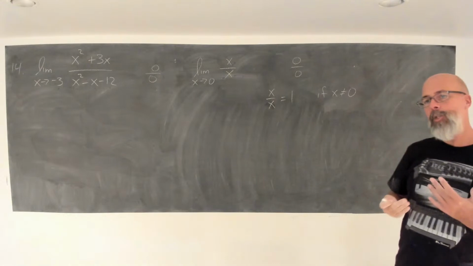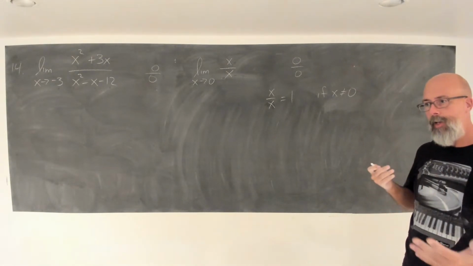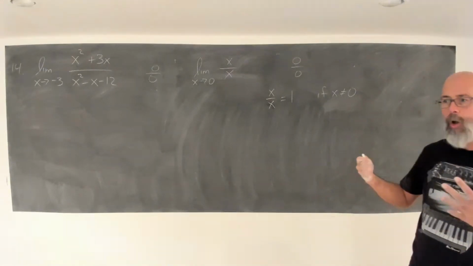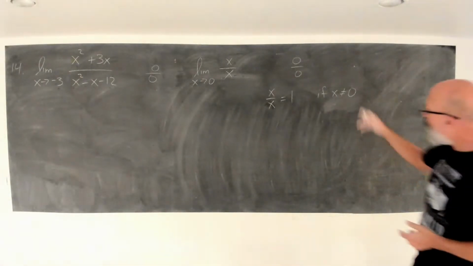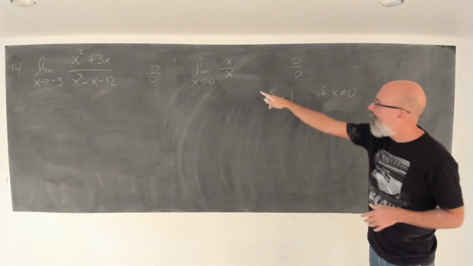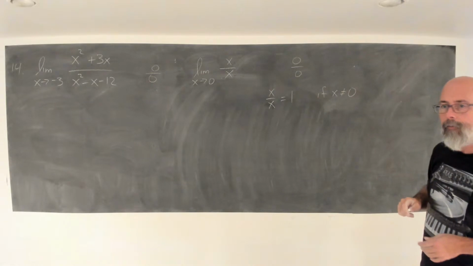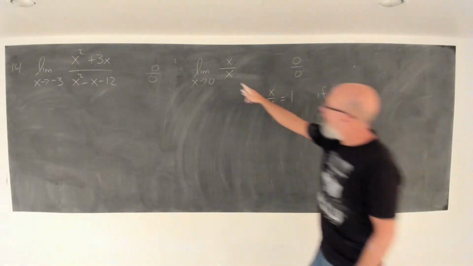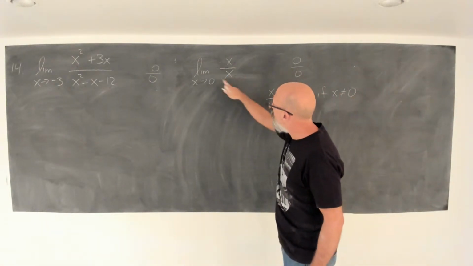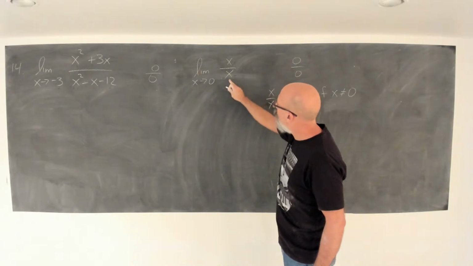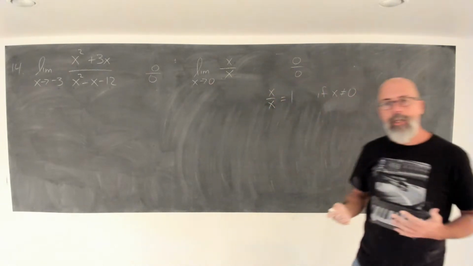And we had this property that the limit of two functions behave the same way if they were equal everywhere except at the actual point. So here we're looking at the behavior of this function as we get closer and closer to 0 without actually reaching it.